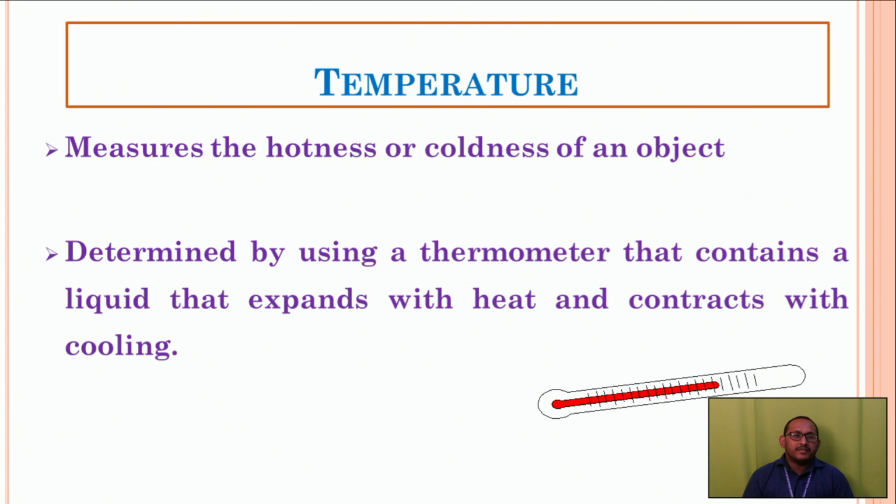The next point is the measurement of temperature. It is the measure of the hotness or coldness of an object, and it can be determined by using a thermometer, which contains a liquid that expands with heat and contracts with cooling.